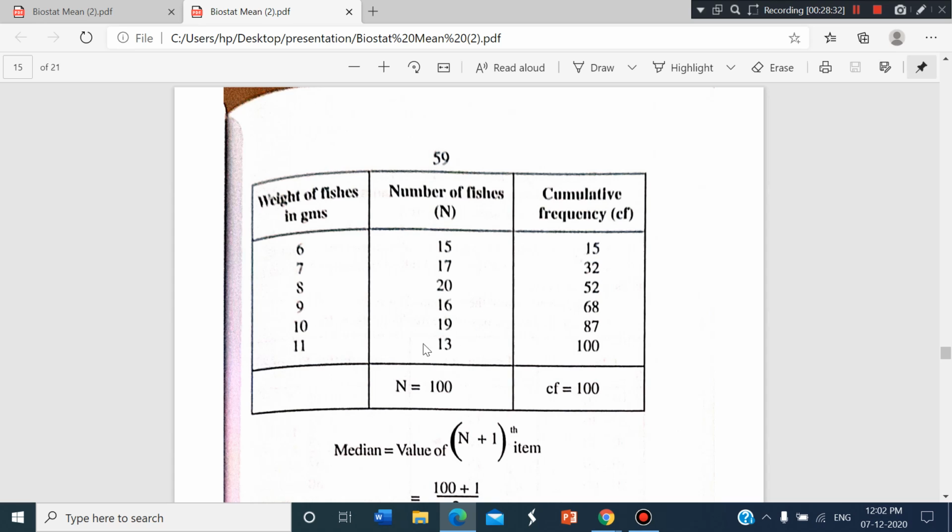So now n value equals 100. If you total it, the number of fishes, summation n equals 100, and the cumulative frequency is 100 because it is the last value.